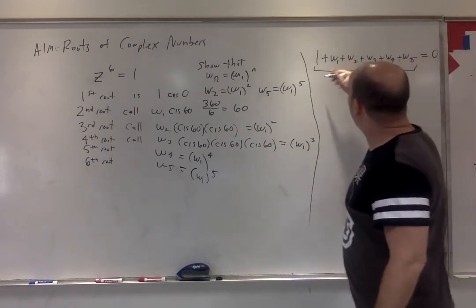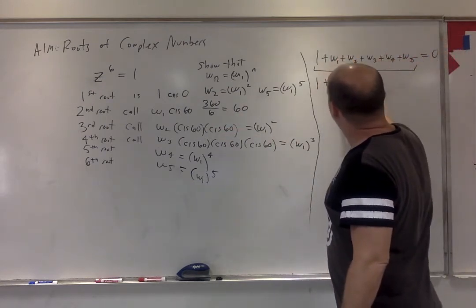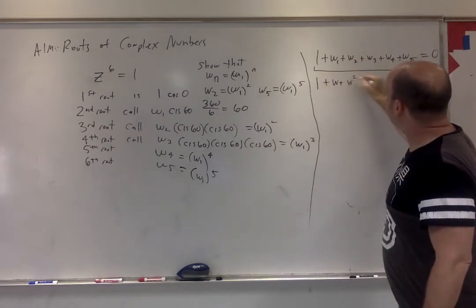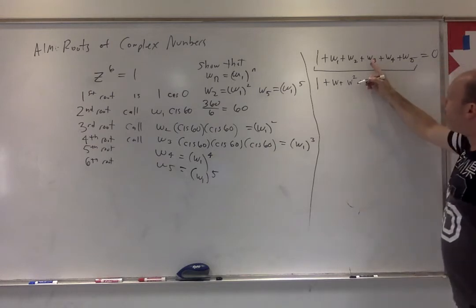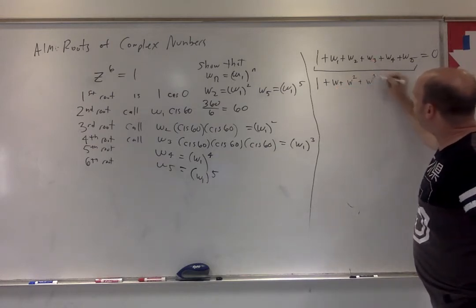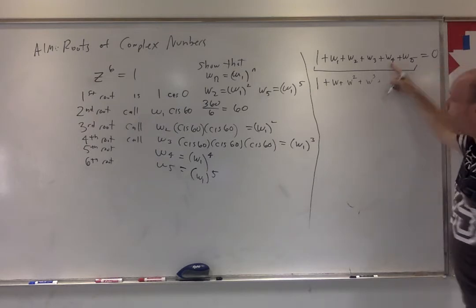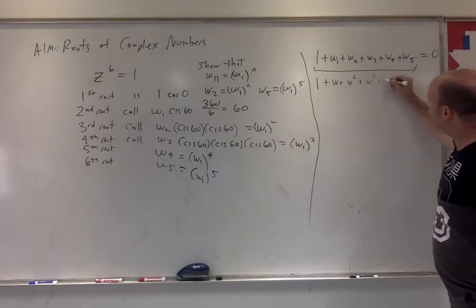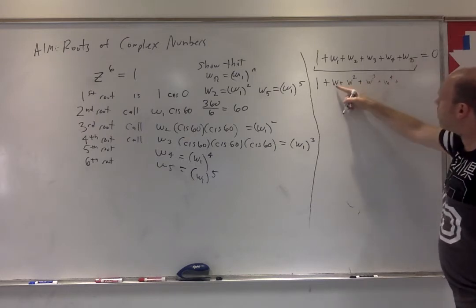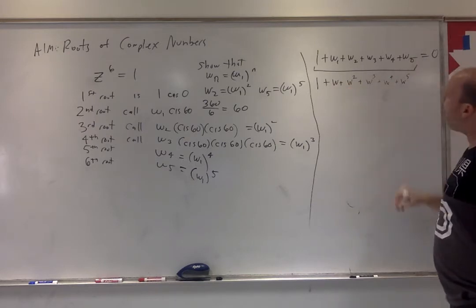So, you know what? Let's just call W1 W. W2 is actually W squared. The fourth root is actually that second root to the 3rd power, this fifth root is actually the second root to the fourth power, and the sixth root is actually the second root to the fifth power.